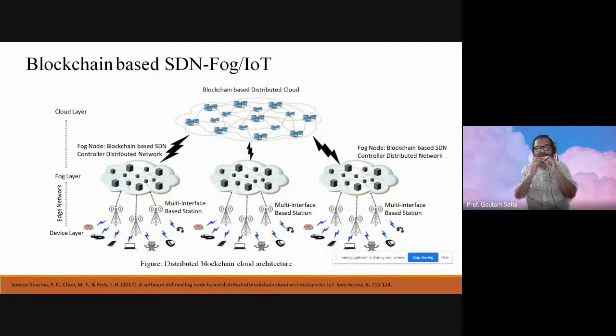There they have used the blockchain system so that their data is not stolen. So they have used this. This is SDN-based fog IoT, one of the advanced papers. This is very much relevant to banks, not for defense, banks of course.